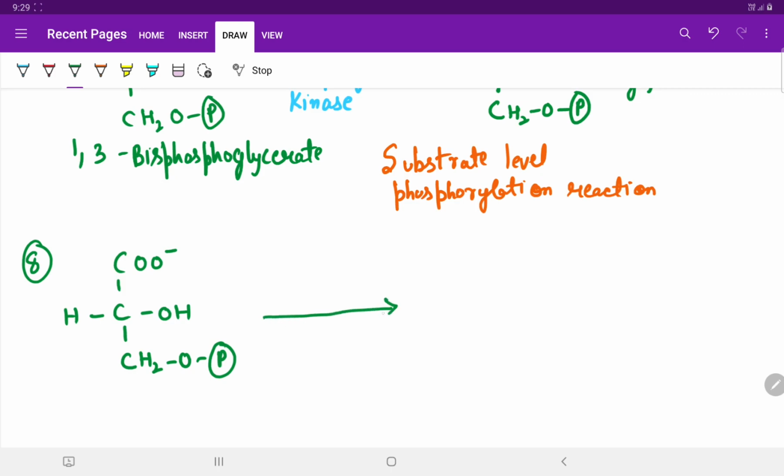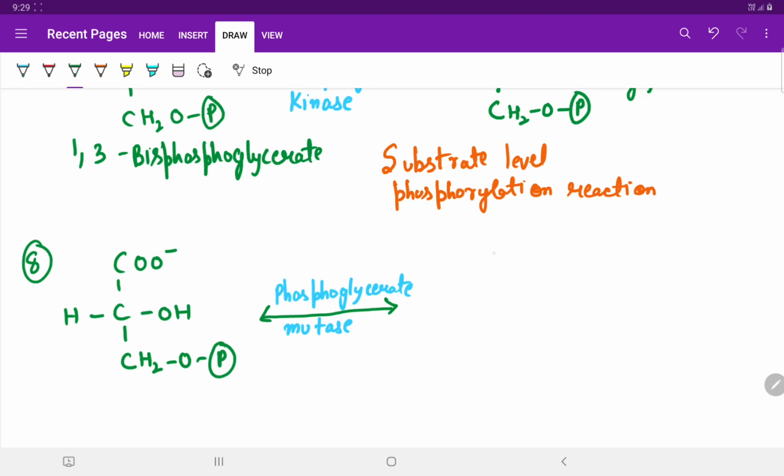The reaction occurs in the presence of an enzyme known as phosphoglycerate mutase. There is a shifting of the phosphate group from the third carbon atom to the second carbon atom.